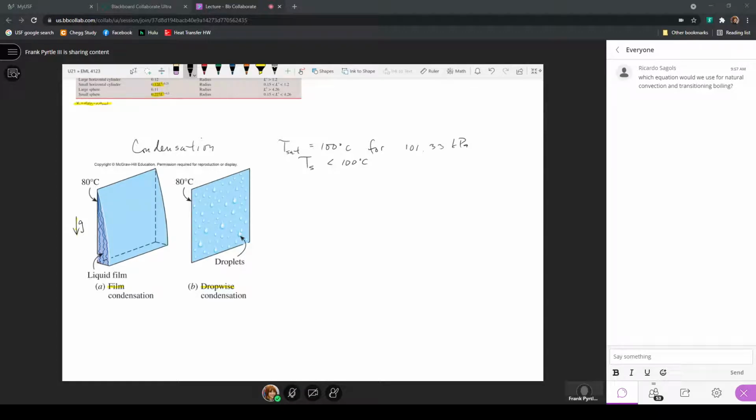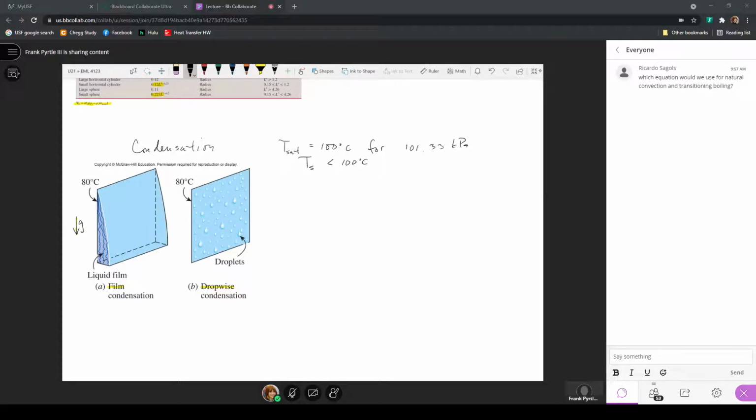And as we move closer to the surface, the temperature would be 80 degrees. So we'd have a temperature variation in this liquid layer, and it would be a resistance to the heat that will be moving from the vapor into this film and eventually into the surface at 80 degrees.